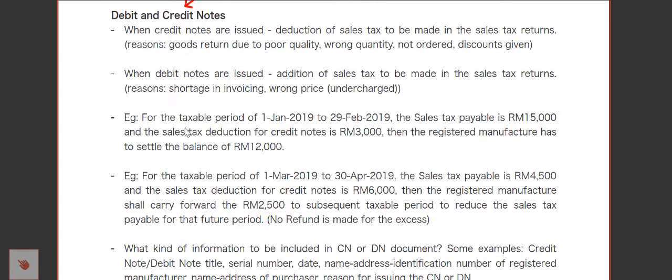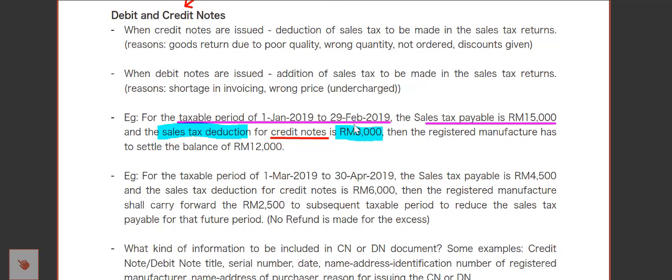Let's say you have a taxable period from 1st January to 28 February. 2019 is not a leap year, so just change this to 28. Let's say during this period, the sales tax payable is 15,000. During the same period, you have issued a credit note, and the sales tax deduction for this credit note comes to 3,000 ringgit.